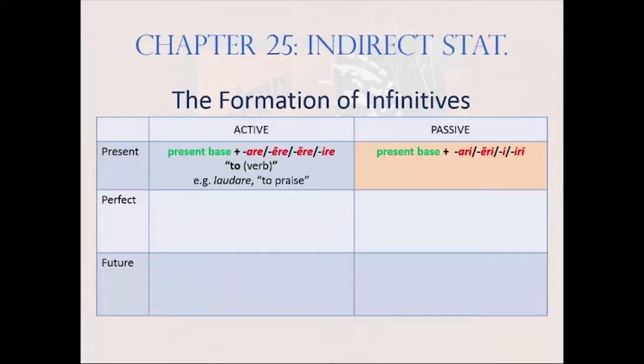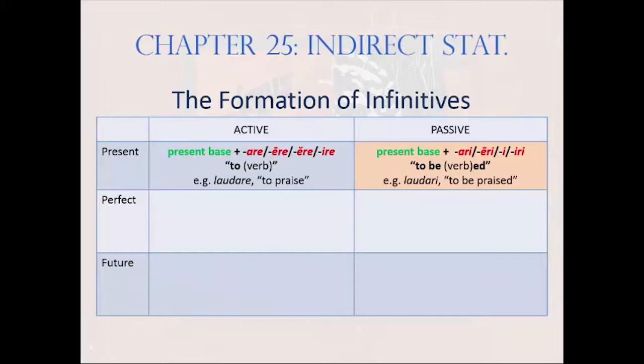The only real issue here is that the third conjugation i present passive infinitive ending is so minimal, it's sometimes hard to recognize that it means to be whatevered, as do all the present passive infinitives. Thus, for example, laudari means to be praised. All that should be review for you.